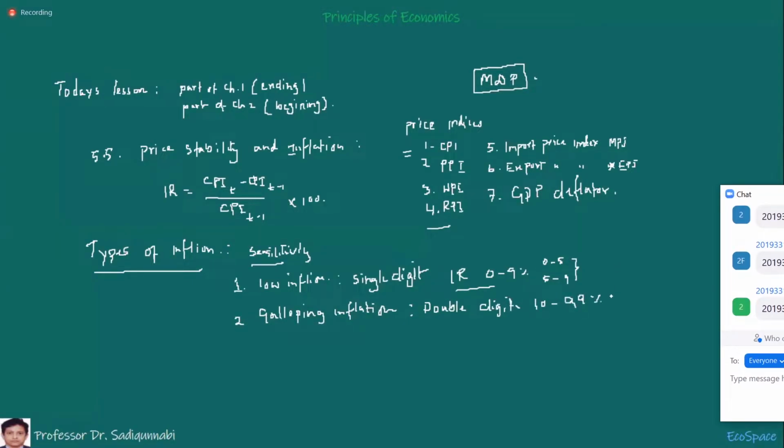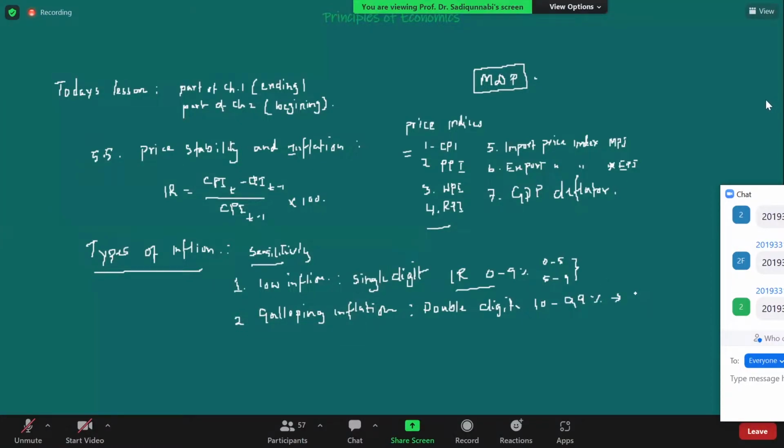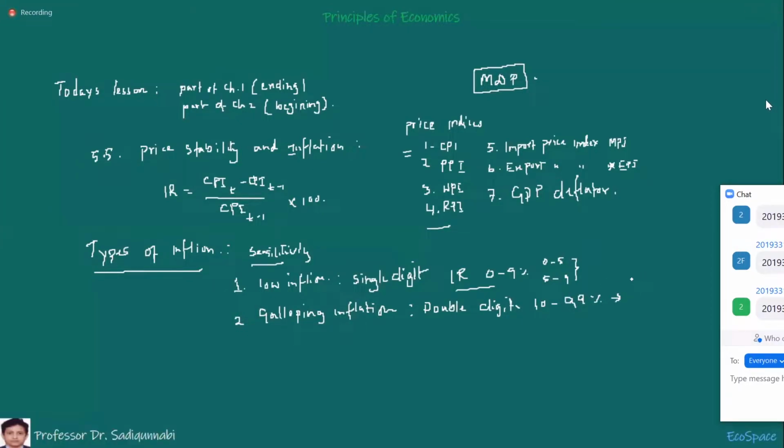These are mostly with developing countries, not advanced countries, and most of them have a 10 to 20% inflation rate. These are called galloping inflation. And the third type of inflation is very dangerous. It is called hyperinflation.